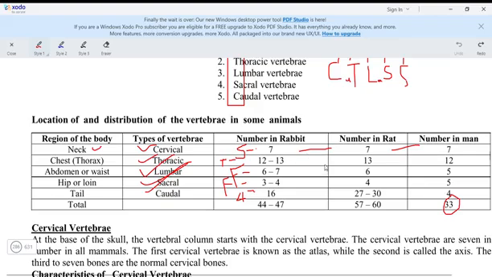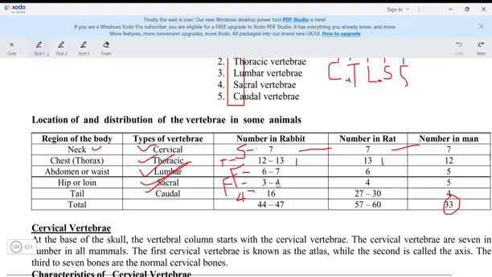Then when you come to thoracic, rats have one extra. But rabbit is either the same, like 12 to 13. It means it can be exactly 12, it can be more than 12. So let's just put one extra also.